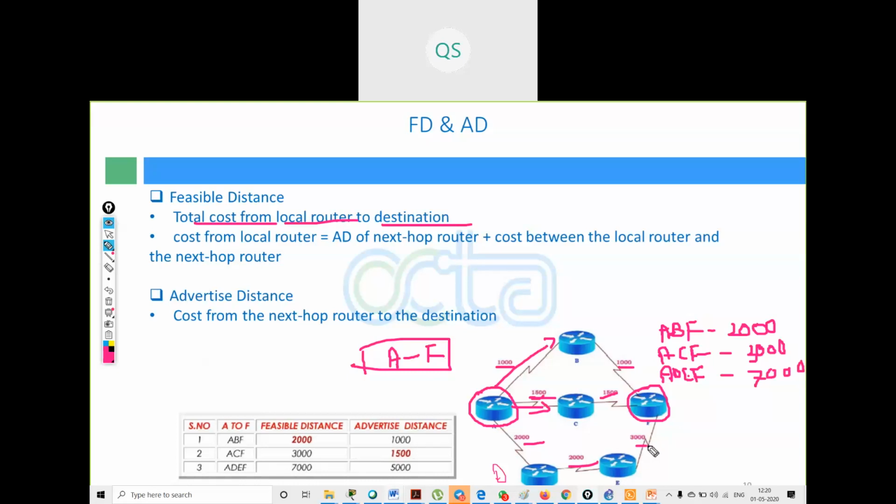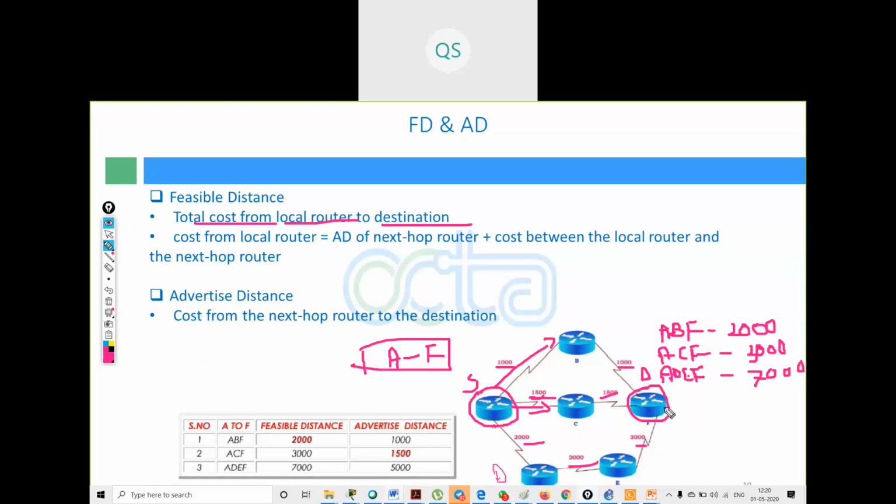You calculate the distance from your location to the location wherever you want to go. You can calculate via the time, how much time it will take, or via kilometers. The same thing: the source to destination cost is known as the feasible distance.